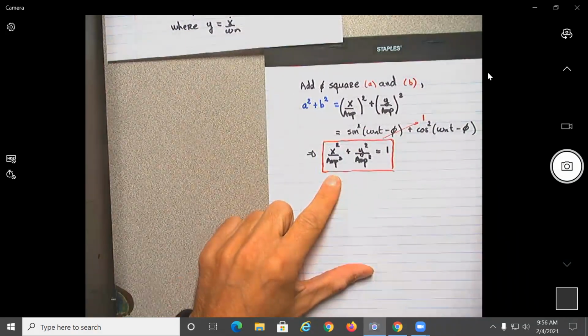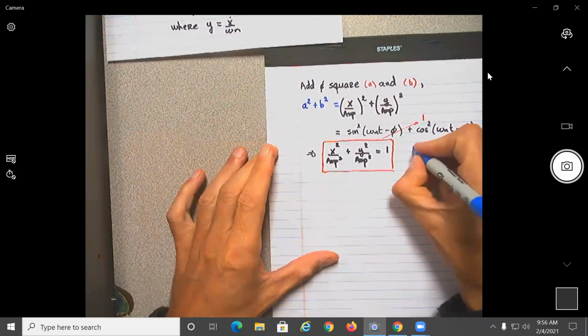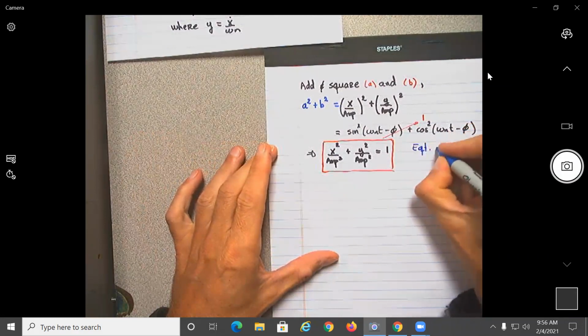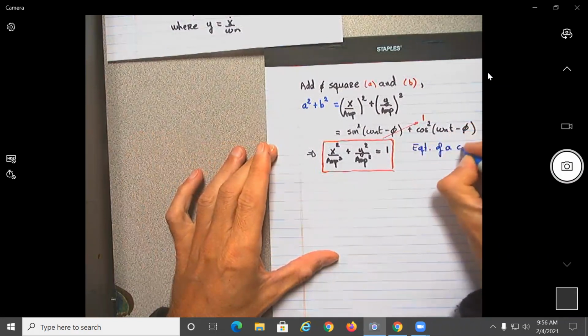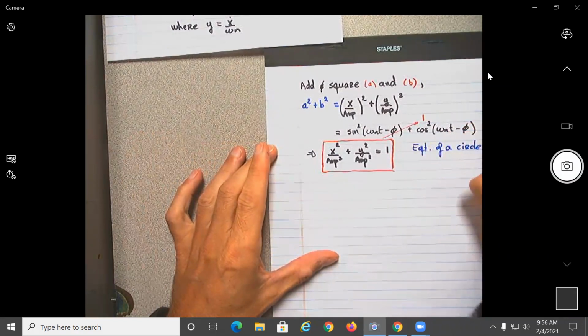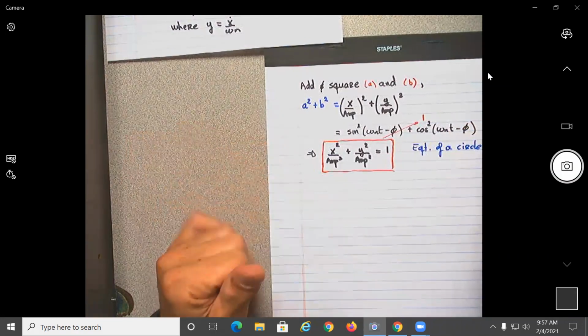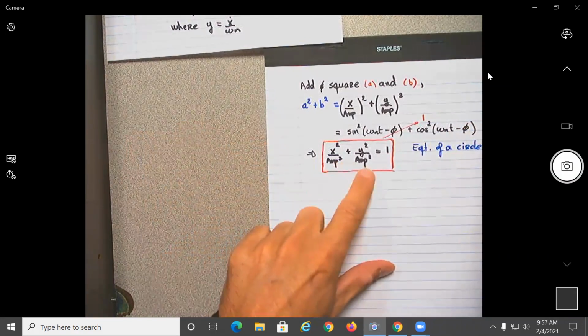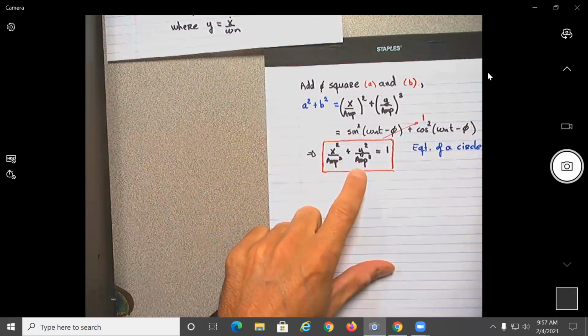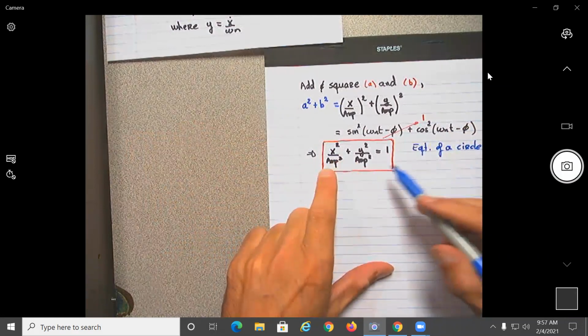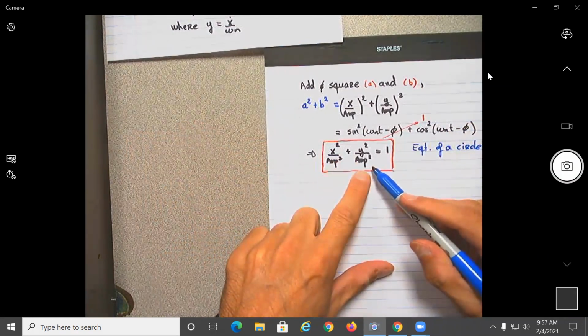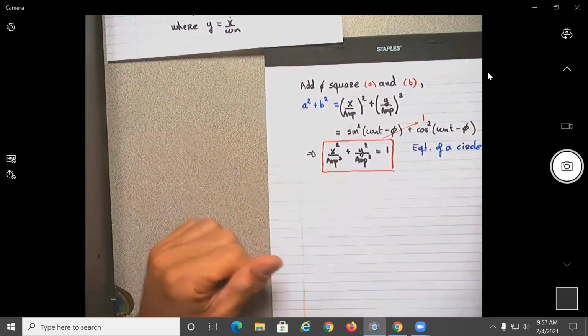This is the equation of a circle, no? Of radius 1. And you could actually move the amplitude to the other side. So we could say equation of a circle of radius the amplitude. All right, let's just do it that way.